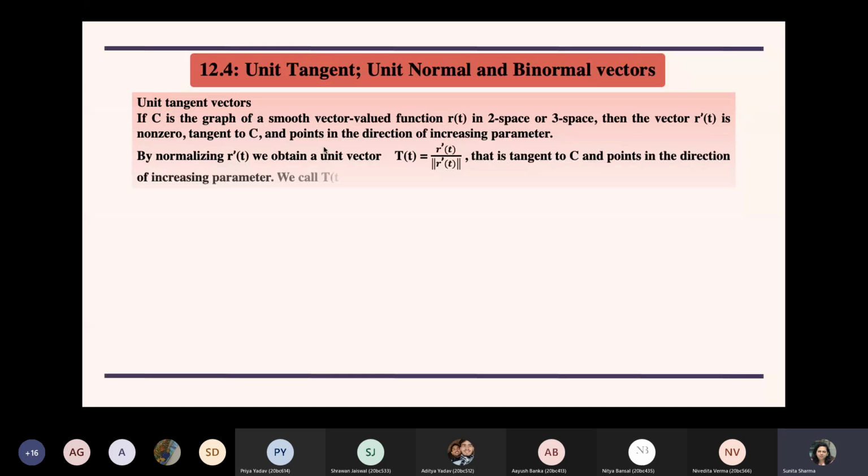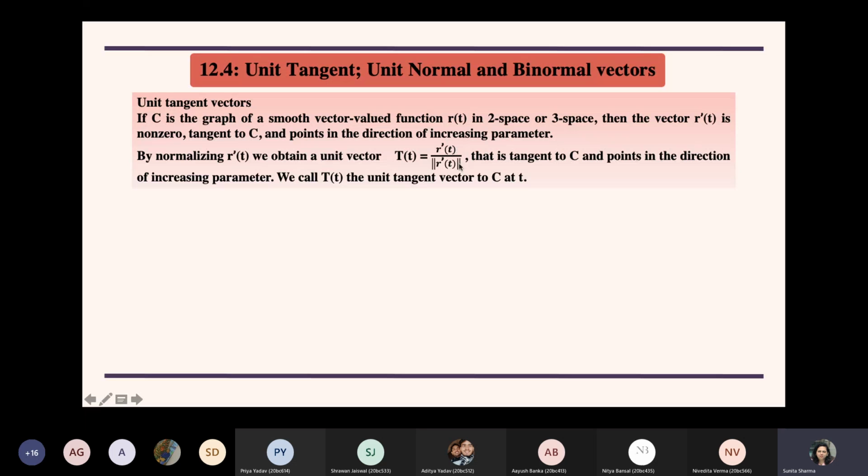And if we want to find a unit tangent vector, we normalize it. That means we divide it by its norm, and this is the notation which we use for denoting the unit tangent vector to C at a specific t. So whatever t is given to you, say at t equals 0, if you have to find the unit tangent vector, you find r dash, find its norm, put t equals 0 and substitute in the expression.